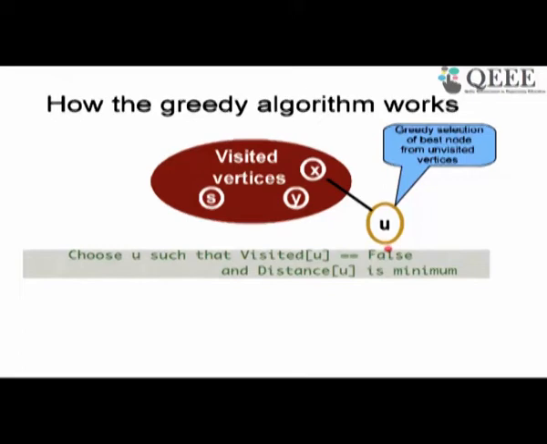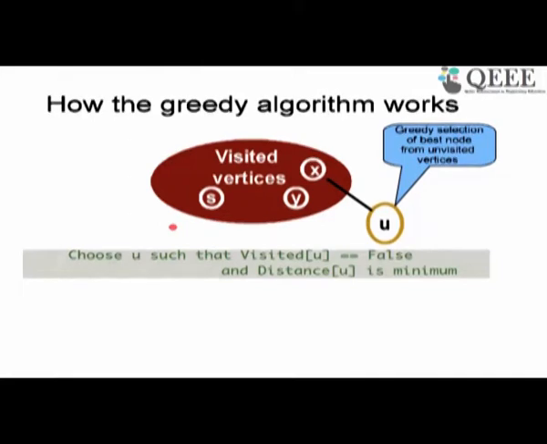So why does this work? It works because you have picked the least. By induction I can show you that this algorithm will work. Assume by induction that for all the nodes inside the visited set, you have already found the shortest path. In the beginning only S is there, so the shortest path to S is just S itself.